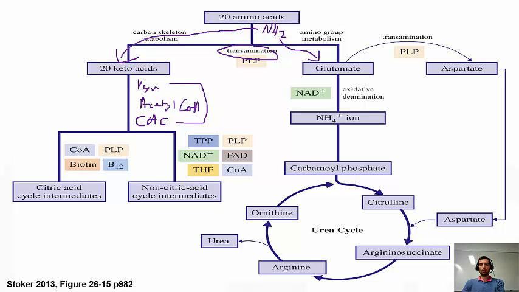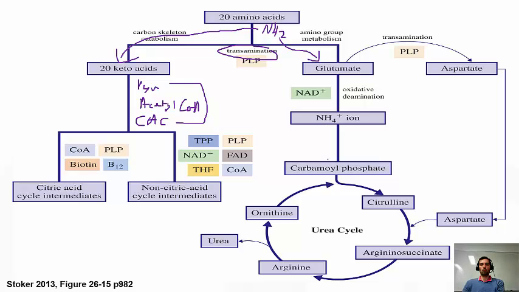So after we've got glutamate from the transamination reaction, we can then use it for two different things, either to make aspartate in another transamination reaction or in a redox reaction to produce our ammonium ion. So both the aspartate and the ammonium ion are needed as inputs into the urea cycle.